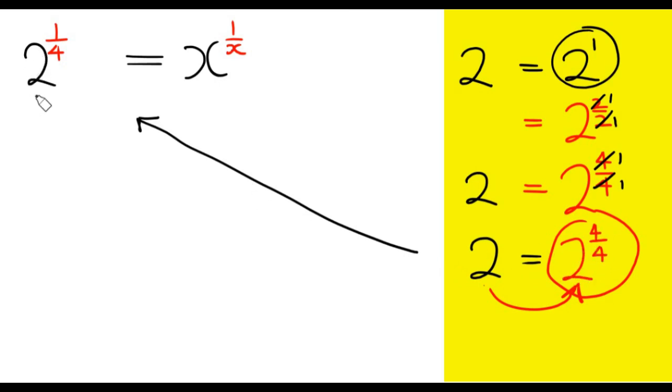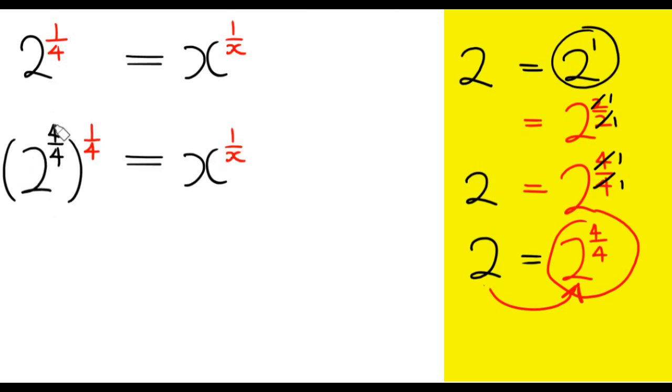Now this expression becomes 2 raised to the power of 4 over 4, then the power of 1 over 4, equals x raised to the power of 1 over x.